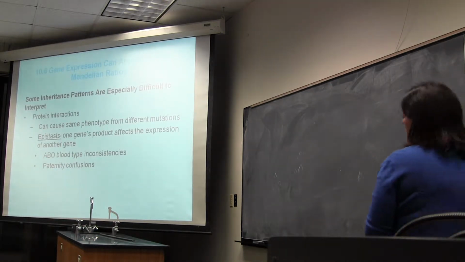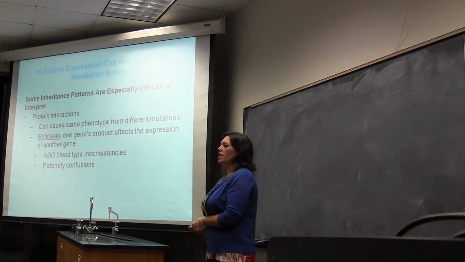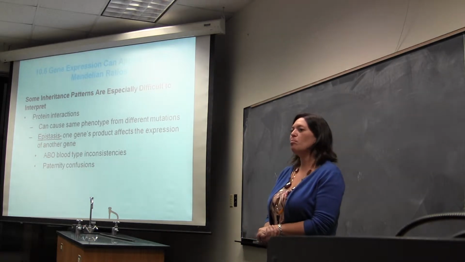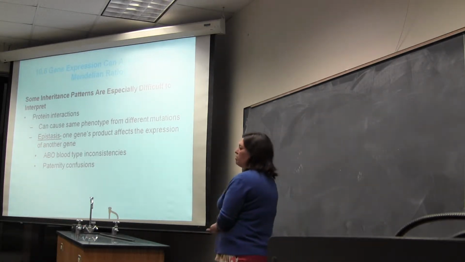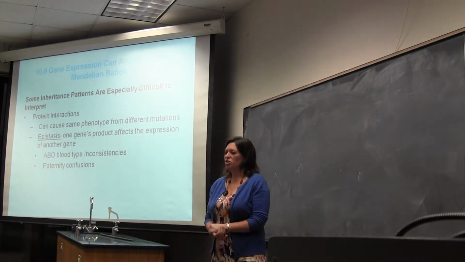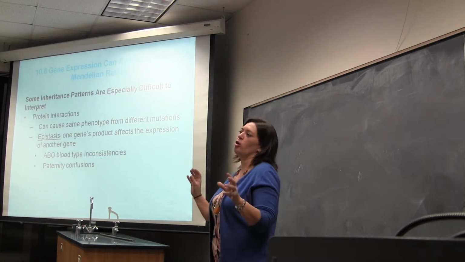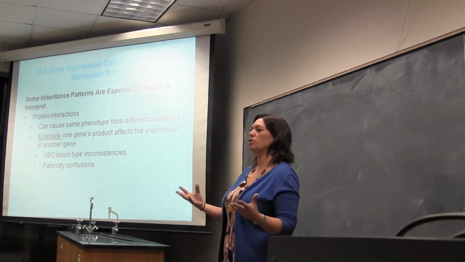All right, another, not necessarily type of inheritance pattern, but something that can be observed in various different examples is something called epistasis. And so epistasis, what that means is there's actually two different genes that are determining what is being expressed or determining what genes are being turned on.